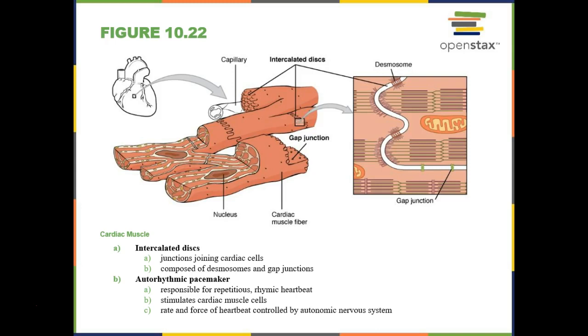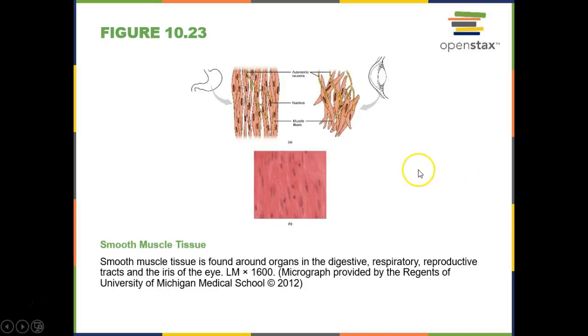What the nervous system does is stimulate our cardiac muscle to either speed up or slow down. Also within cardiac muscle, we have these intercalated discs. Intercalated discs contain both desmosomes and gap junctions. Desmosomes hold cells together, whereas gap junctions allow for communication between one cell and another.